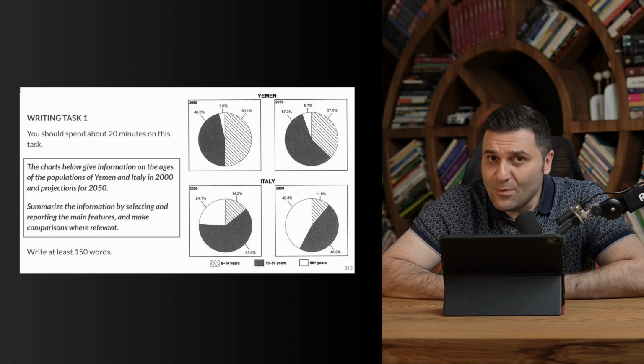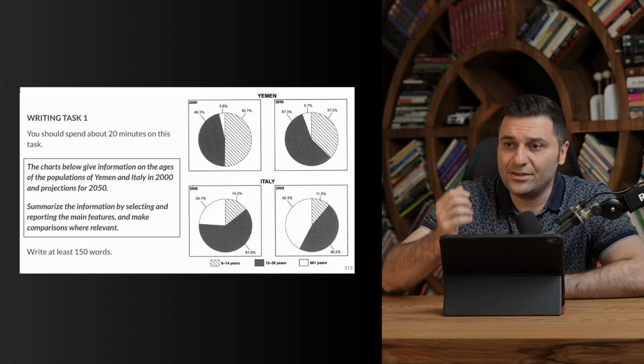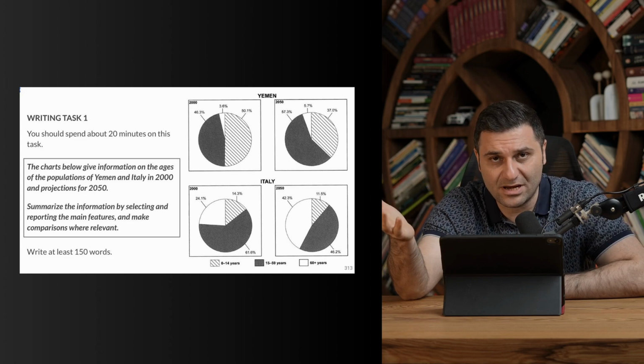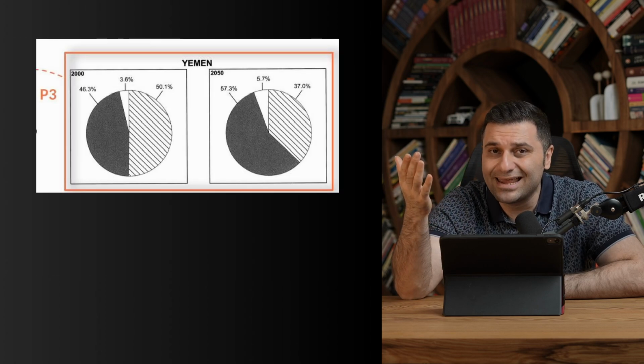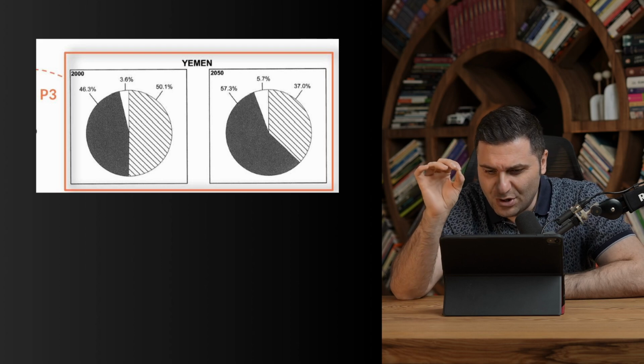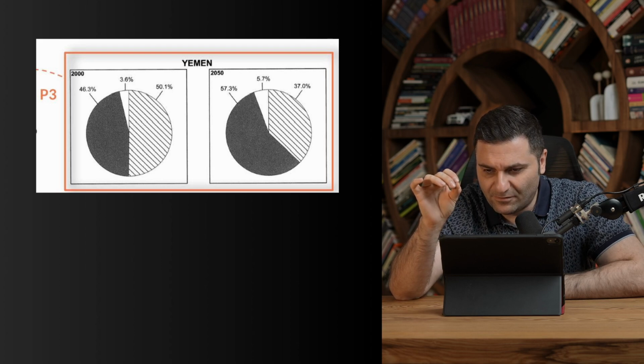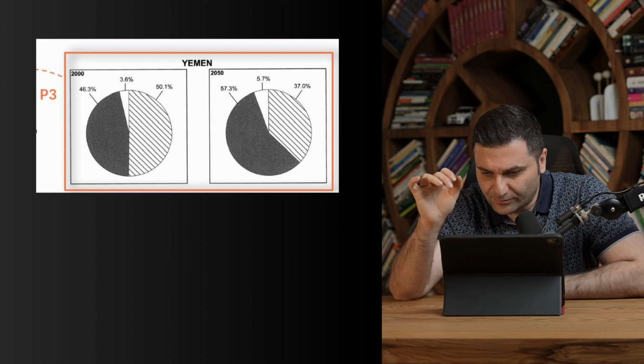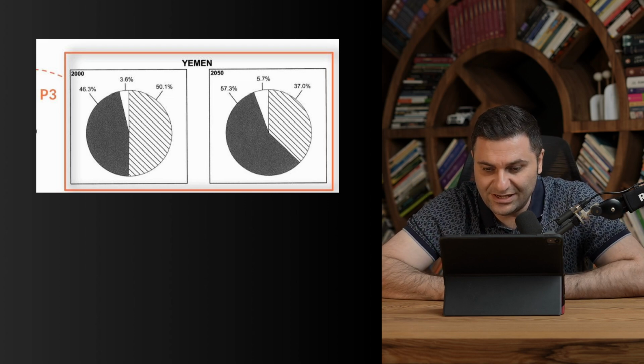So if we want to talk about Yemen in paragraph 3, we should say that we are going to talk about Yemen. So we start our sentence with this, considering Yemen. All right. So the most notable age group in 2000 was 15 to, sorry, 0 to 14 years.